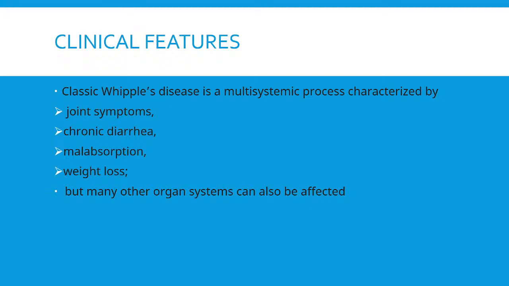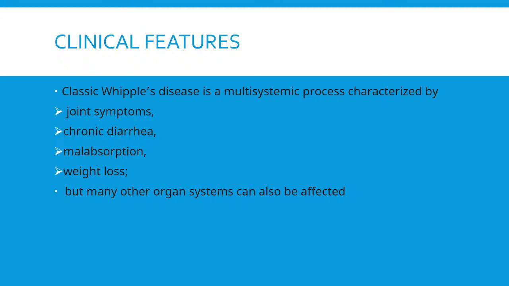But in Whipple's, you have extraintestinal manifestations. Basically, CNS can be involved. Then cardiac system can be involved. Then pulmonary can be involved. Dermatological system can be involved. Okay. So it is a multi-system disorder.